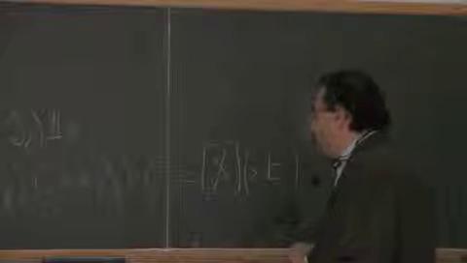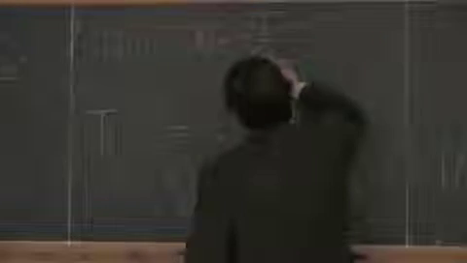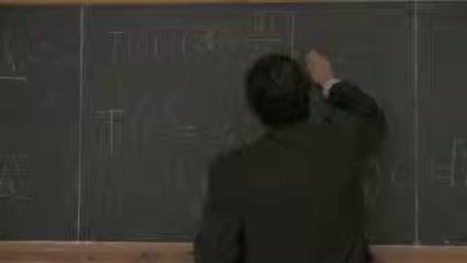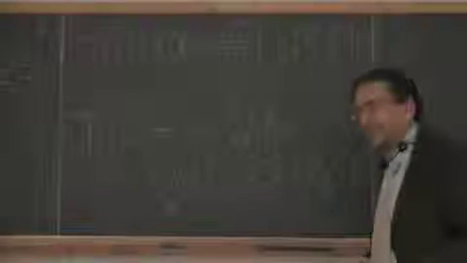Okay. So we want to write T of C as T of I, identity, plus dT over dC, evaluated at C equal identity, times C minus I, plus infinitesimals.